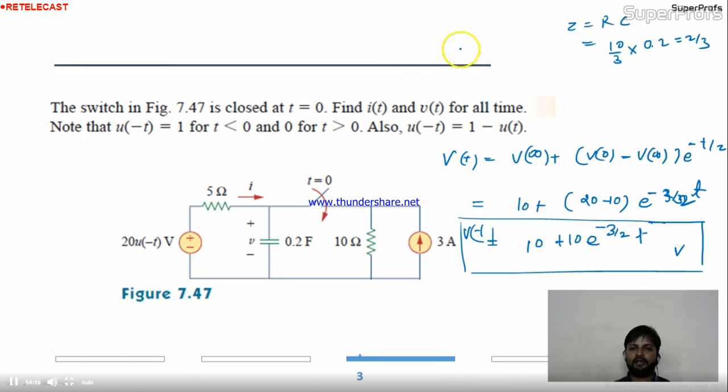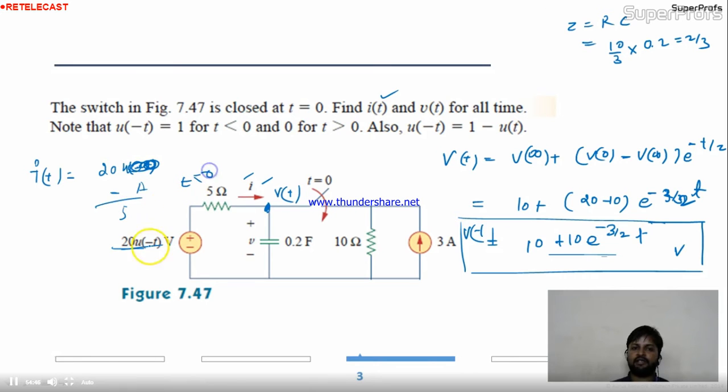Now you can understand what is the importance of this formula. Okay. Now the next one he is asking for the IT. Where is the IT? Here is the IT. You calculated Vt over here. So can you calculate this IT? Yes, you can calculate. IT is 20 minus this entire thing, divided by 5.